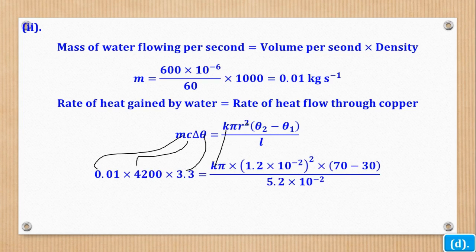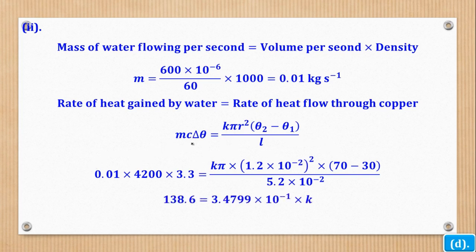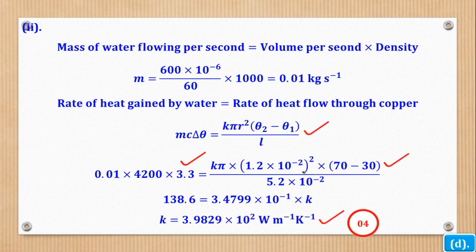Thermal conductivity, we don't know it, so this pi, then r squared, change in temperature, then thickness. So that means that I can make K the subject, and when I make K the subject, it will be this watts per meter per Kelvin. And that is how marks would be awarded.